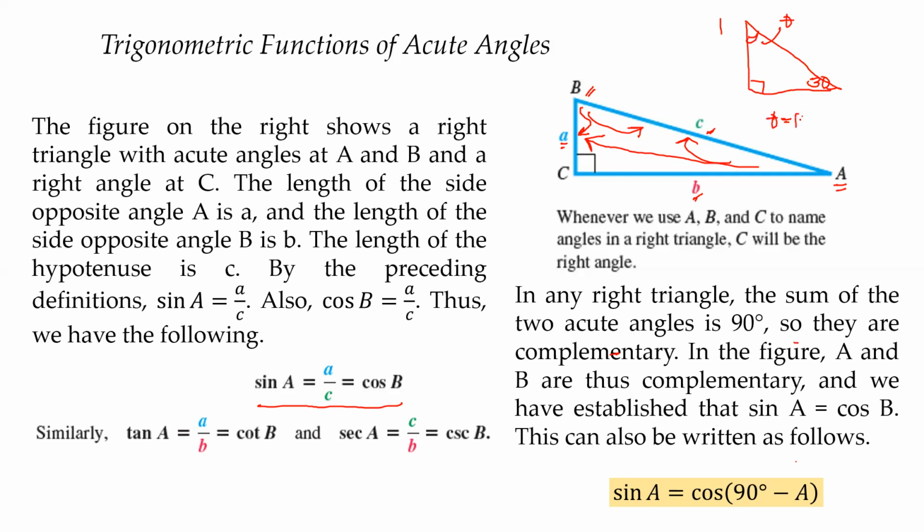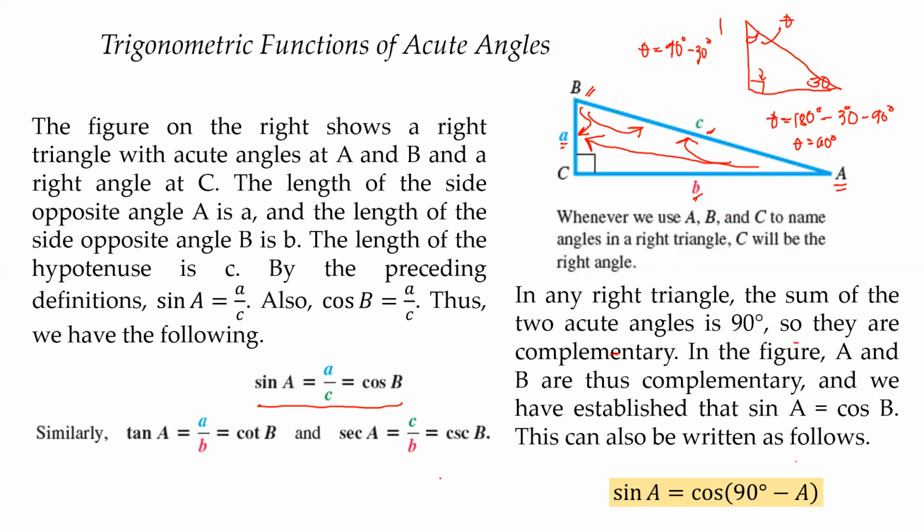Theta is equal to 180 minus 30 minus 90, which is equal to 60 degrees, right? Another way of saying that is theta is equal to 90 minus 30.